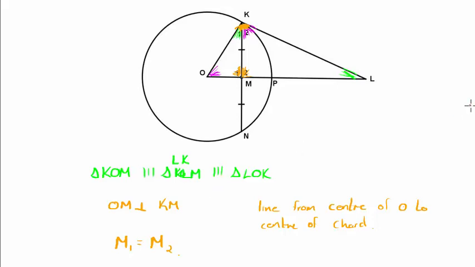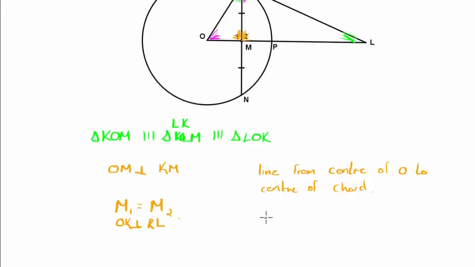O to K, that's perpendicular. Well done. So OK is perpendicular to KL. That's the radius perpendicular to tangent.